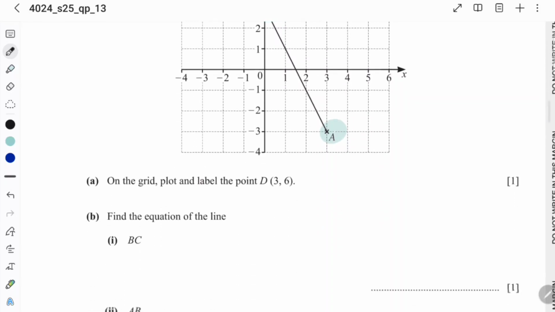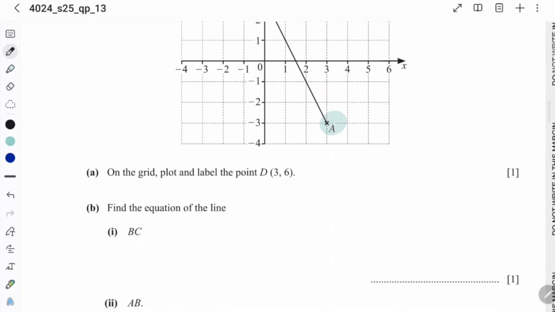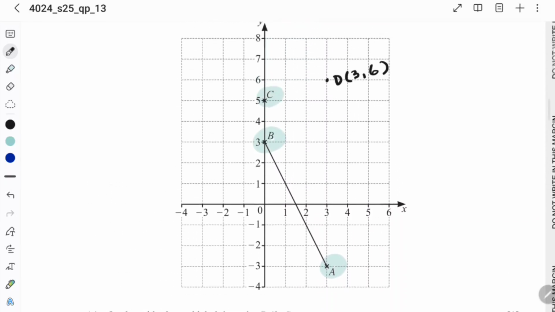Okay, now find the equation of the line BC. Whenever you look at the line BC, it is a vertical line which is on the y-axis. Every vertical line has the gradient not defined, and this is on the y-axis.